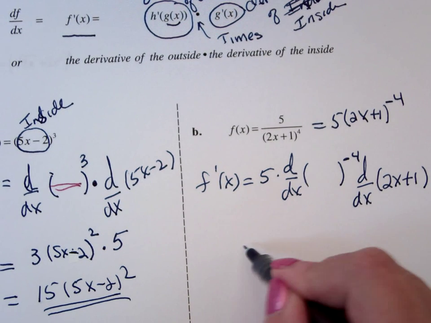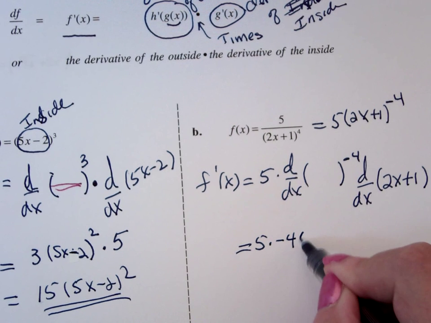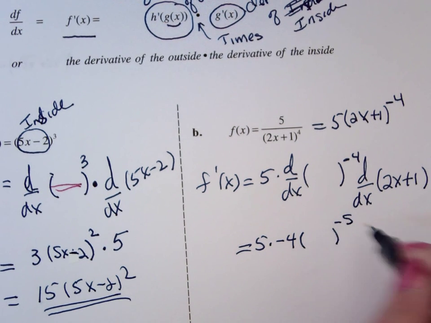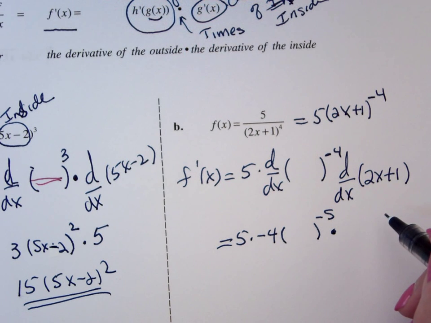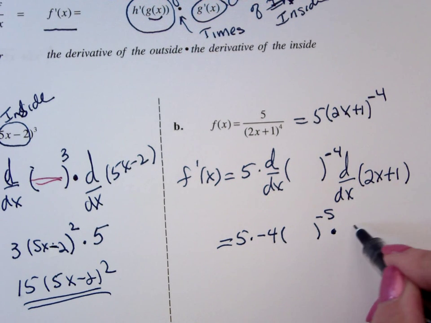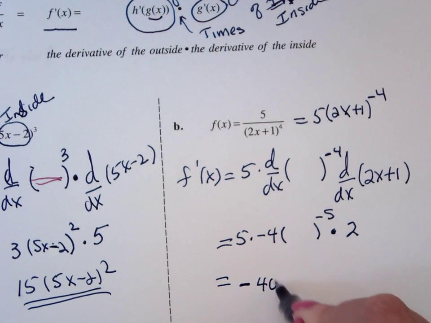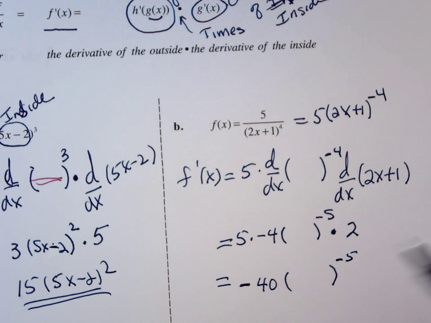So this is 5 times negative 4 times the blob to the negative 5 times the derivative of the blob, which is 2. So this becomes minus 40 times the blob to the negative 5, and the blob is 2x plus 1.